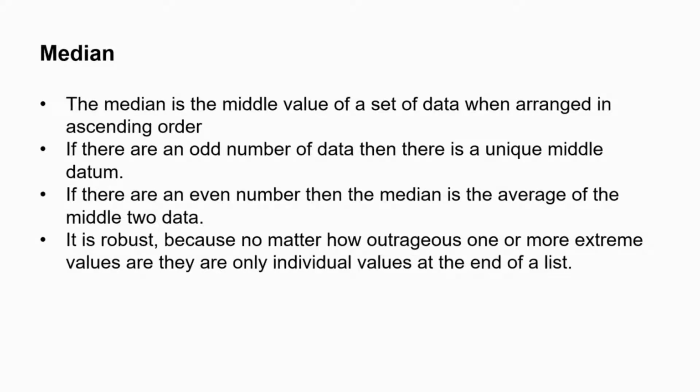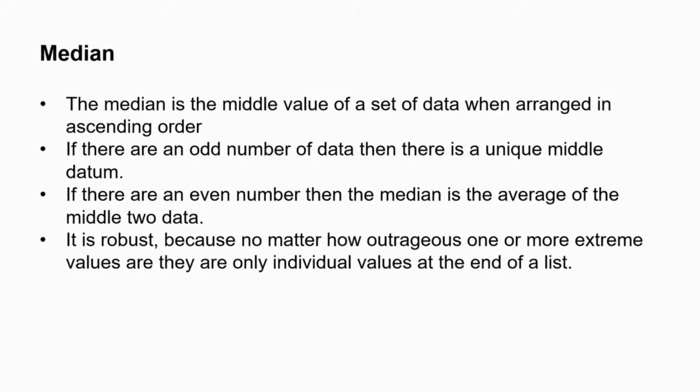Alright, at the end there's one important point, called the median. The median is the middle value of a set of data when arranged in ascending order. It's very important that you arrange your data in ascending order, and then the middle value will be the median.